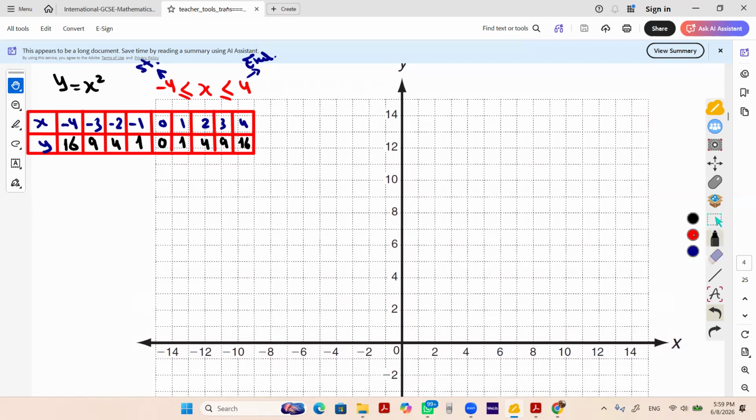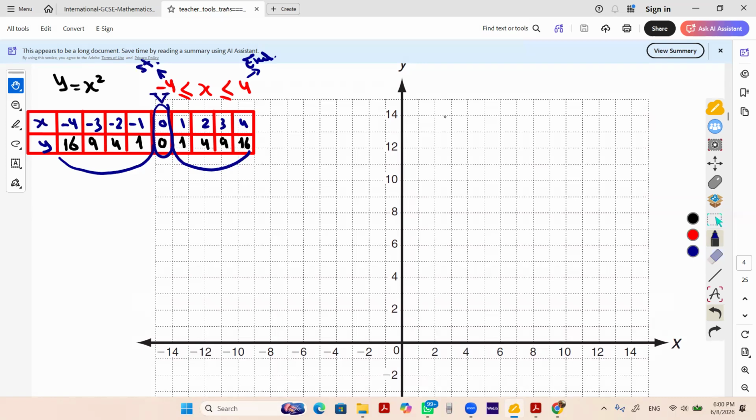What do you notice? You will find that the vertex here is the point which bisects the values of y into two coinciding data. The left data of 0 is similar to the right data of 0. So the vertex here is what?